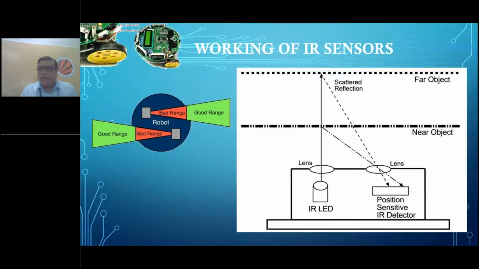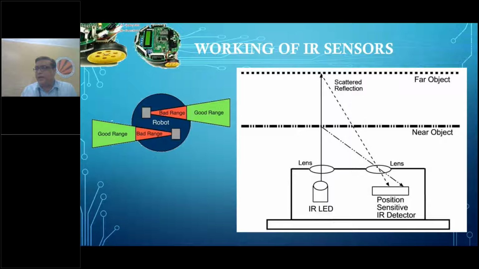So this will be used for identifying a particular object, and it measures whether the object is near or far or very far. I just added one video in which we did an experiment on how to find out whether the object is near or far from the IR sensor.